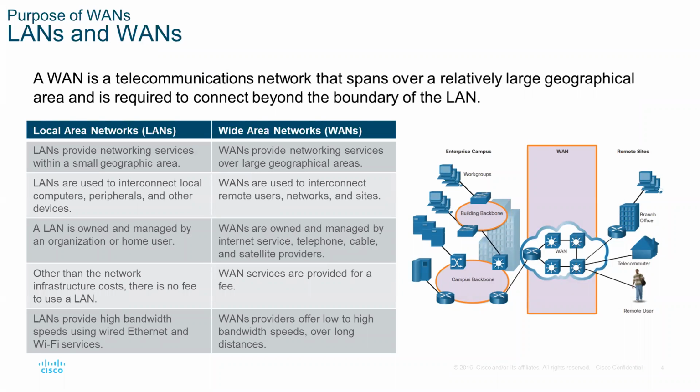So what's the purpose of a LAN or a WAN? LANs provide networking services within a small geographic area, so basically within the same location, whereas WANs provide those services over large dispersed locations.